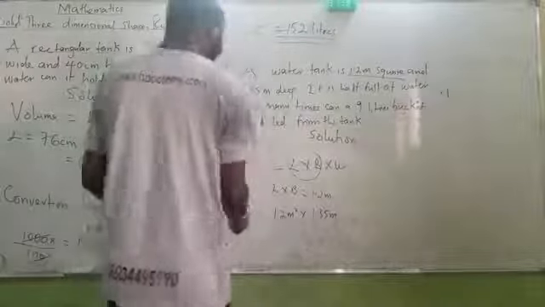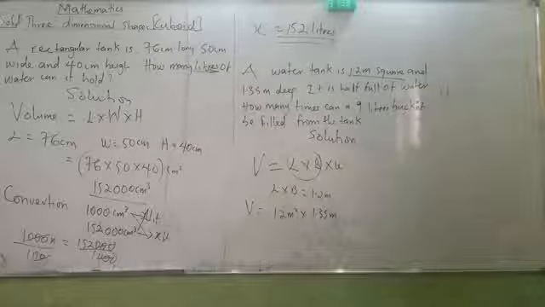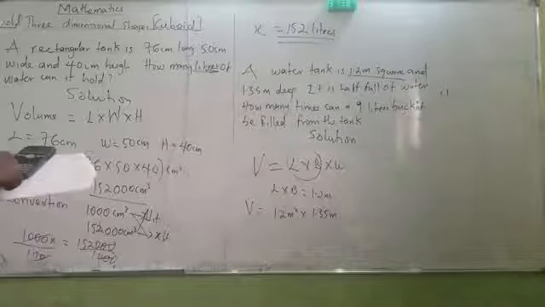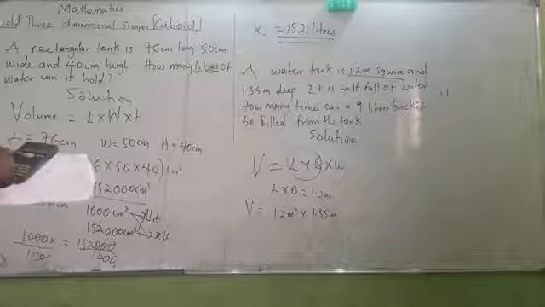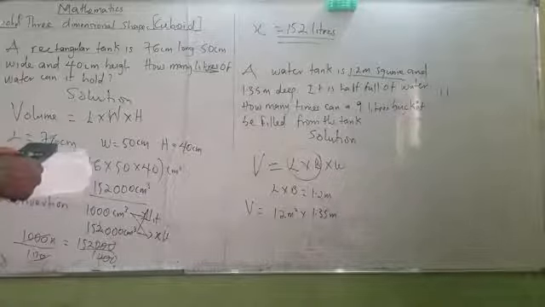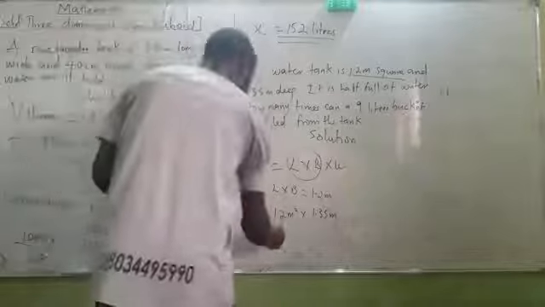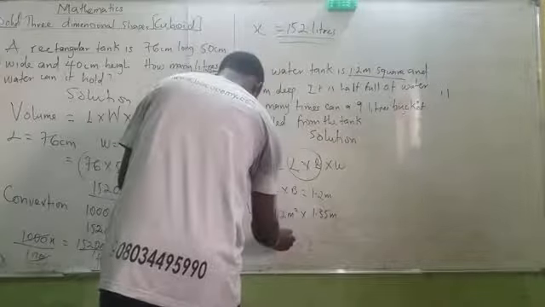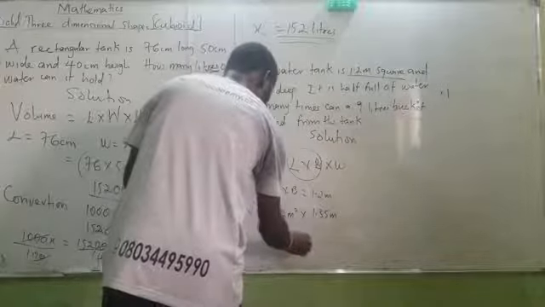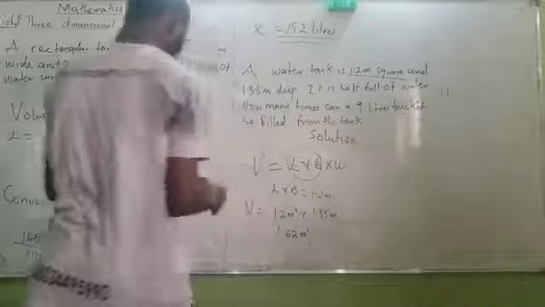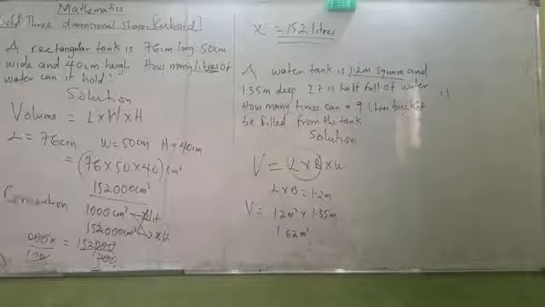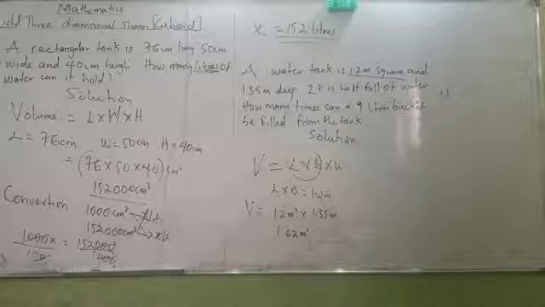Now, if I press the calculator, 1.2 multiplied by 1.35 will give me 1.62 meter cube.